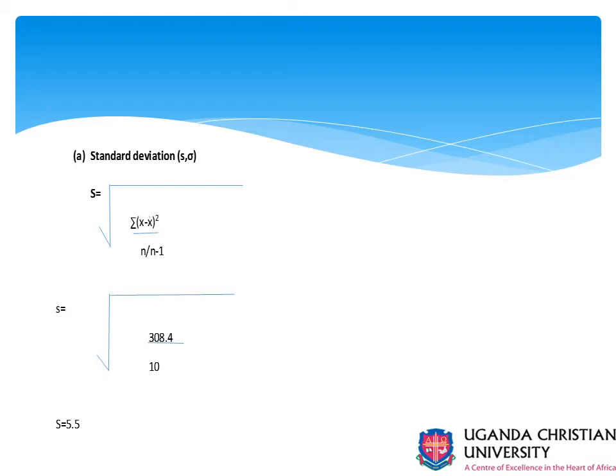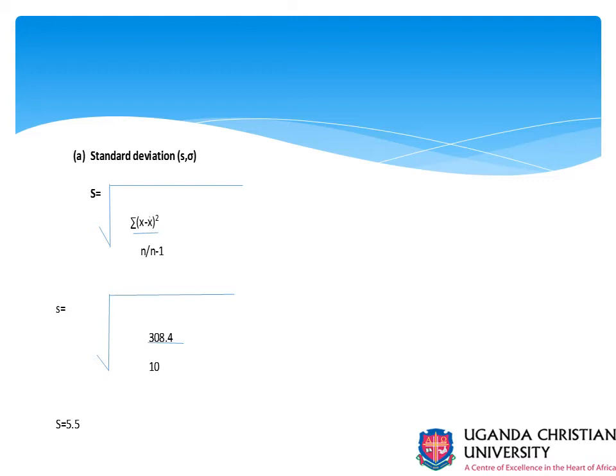If they were population based, I would use sigma instead of S. So S is equal to the square root of the sum of x minus x bar, that is x minus the mean in brackets squared, the sum of the squared deviations divided by n, or n minus 1.